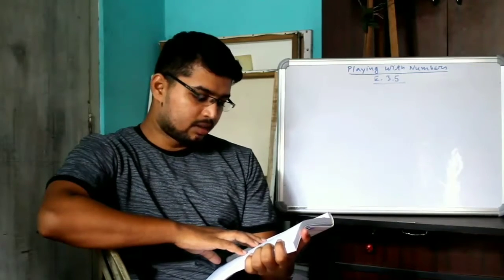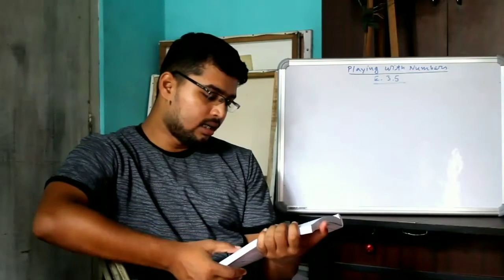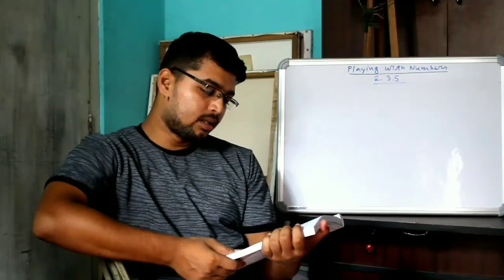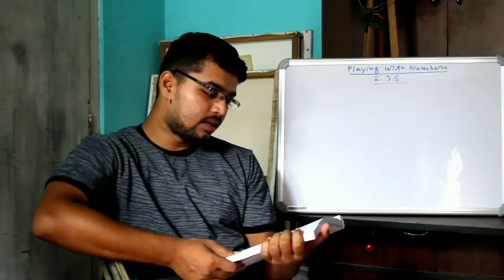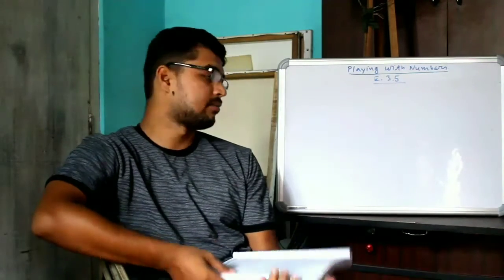Number 10. A room measures 4.8 meters and 5.04 meters. Find the size of the longest square tile that can be used to tile the floor without cutting any tiles.